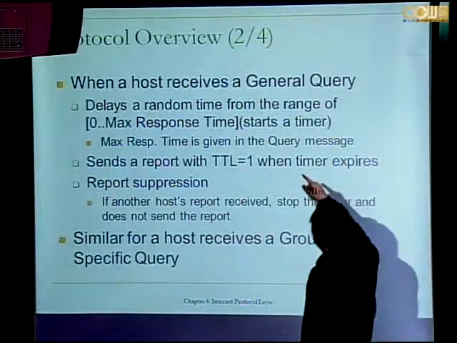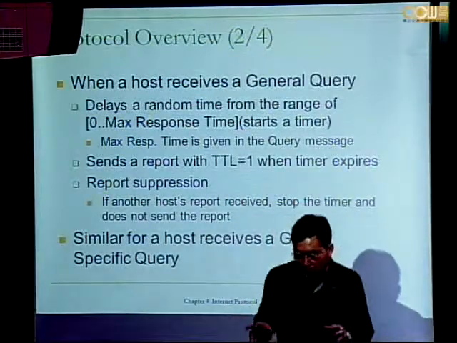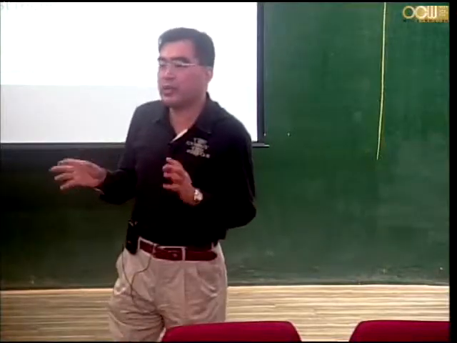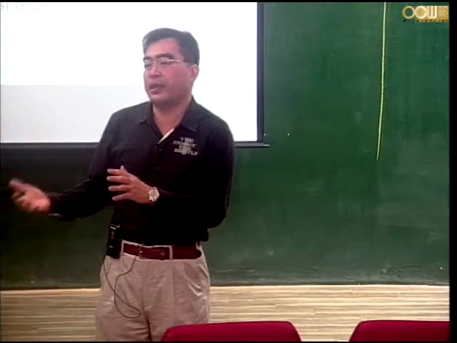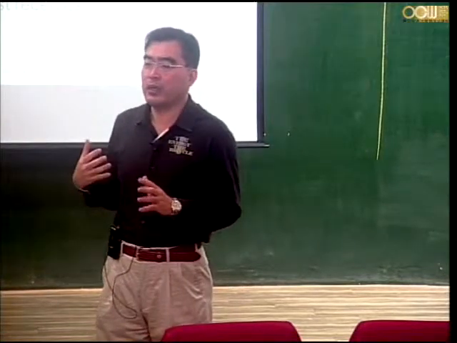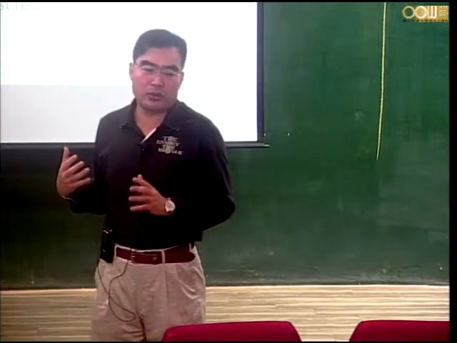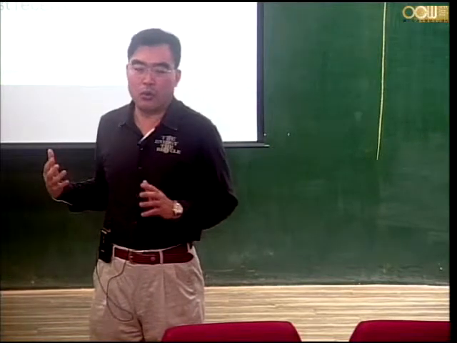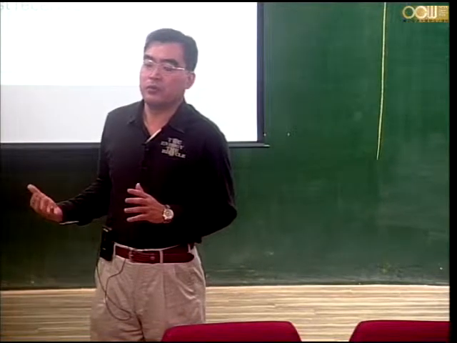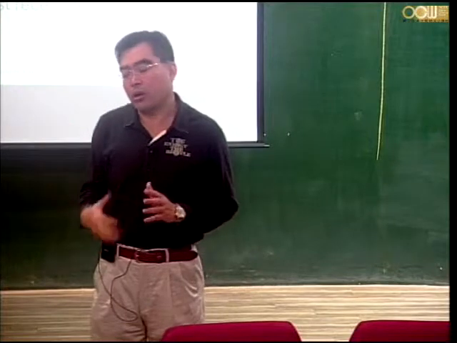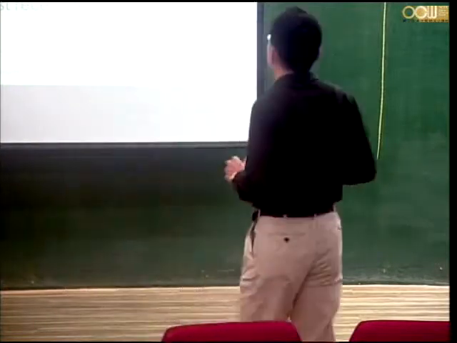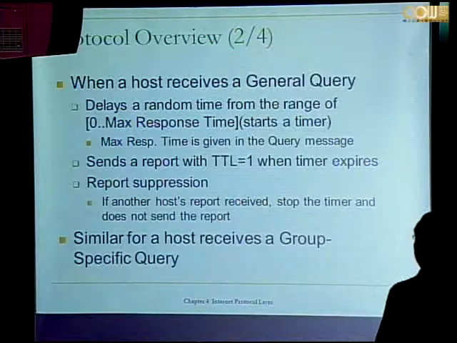When the host receives this query, if I don't do something tricky, then I will get 10 responses, because each one of them will respond, and I don't want that to happen. And perhaps worse, if there are 100 members on this subnet for a particular group, then all 100 hosts would respond, which is bad.